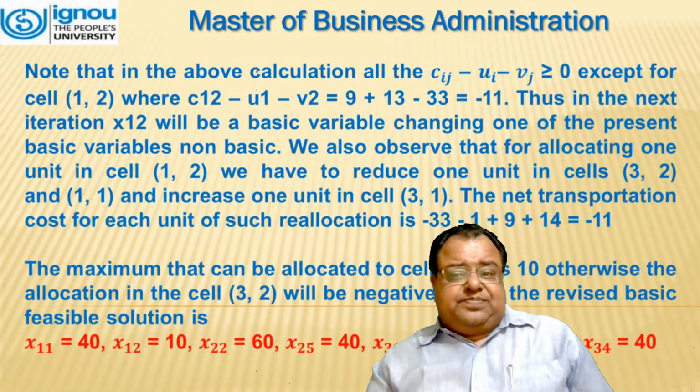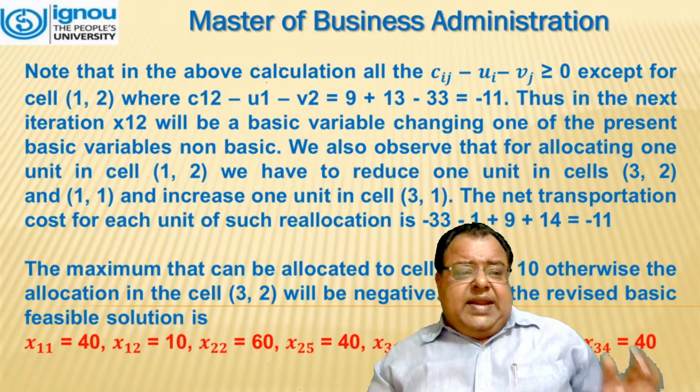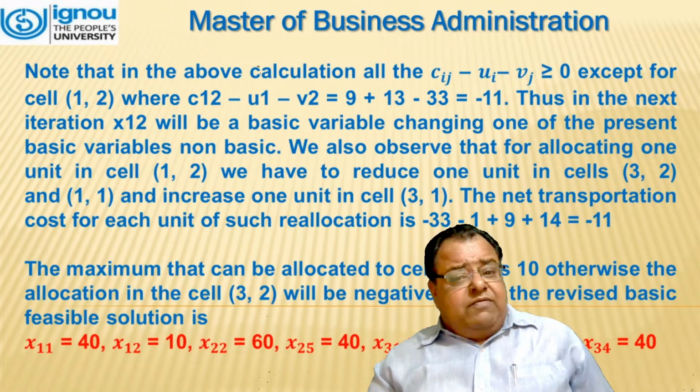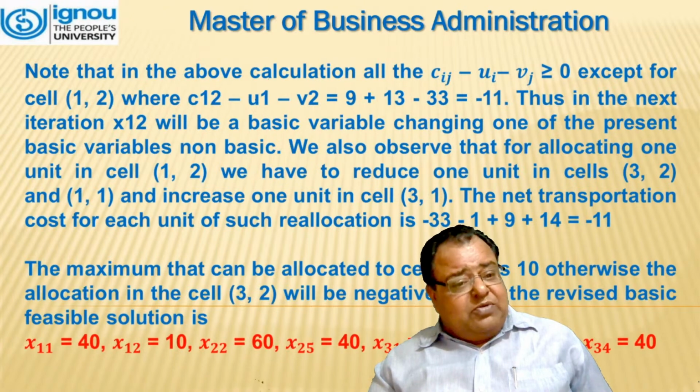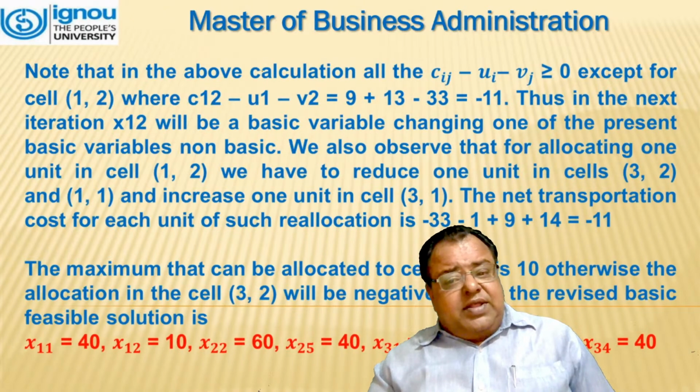Note that in the next iteration, x12 will become a basic variable, changing one of the present basic variables to non-basic. We also observe that for allocating one unit to cell 1,2, we have to reduce 1 unit in cells 3,2 and 1,1 and increase 1 unit in cell 3,1.